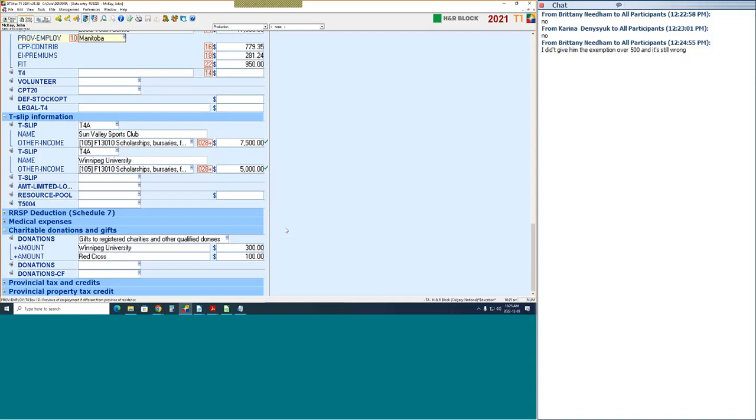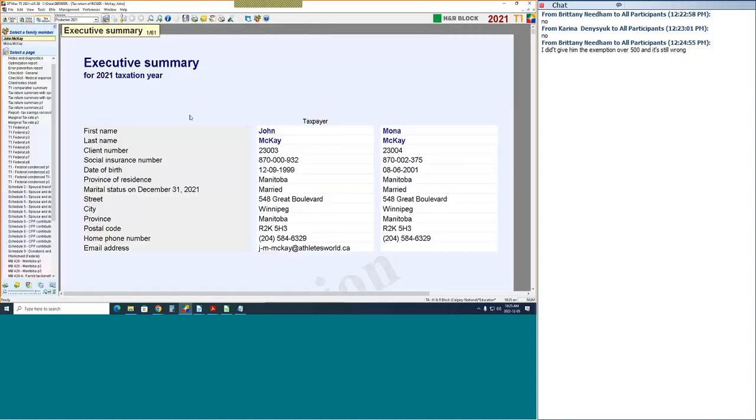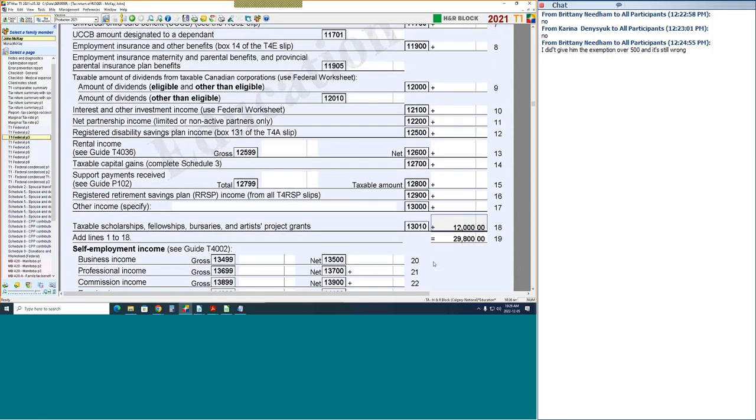All right, when I go to John, you're going to notice I have not entered a T2202. There is no T2202 for him, so it is not there. What I have entered here is a T4A with a box 105 scholarship from Sun Valley and a box 105 scholarship here. And what that should do, if I have done my job correctly, is when I go to the tax return, I'm going to go to his income page, and I'm going to notice that he has taxable scholarships.